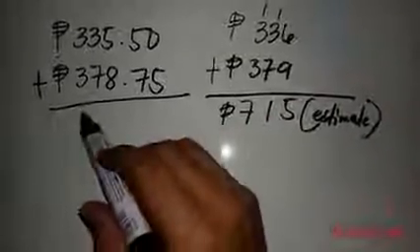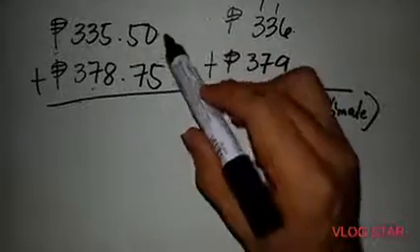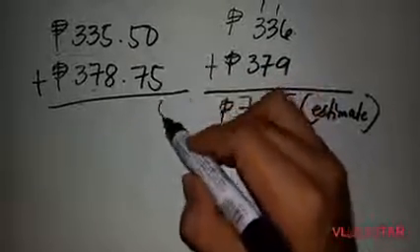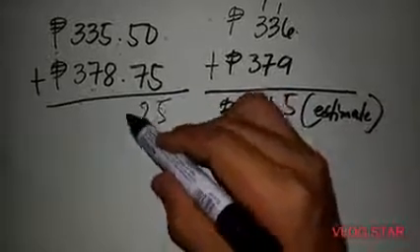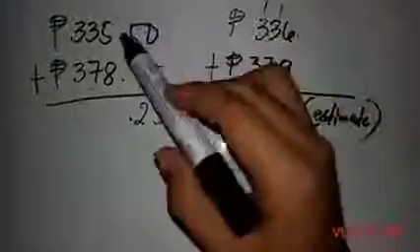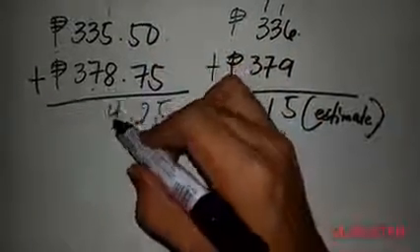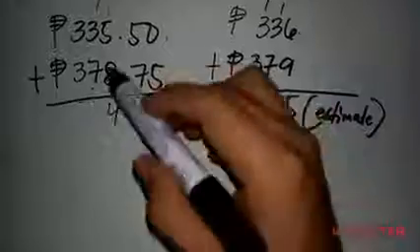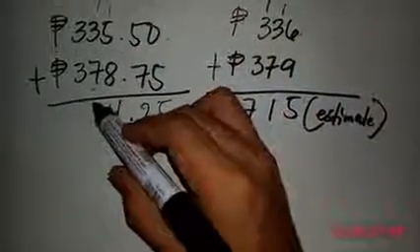The next, let's add the actual. So 0 plus 5 is 5. 5 plus 7 is 12. Then the decimal point, carry 1. 5 plus 1 is 6, plus 8 is 14. Carry 1. 3 plus 1 is 4, plus 7 is 11.